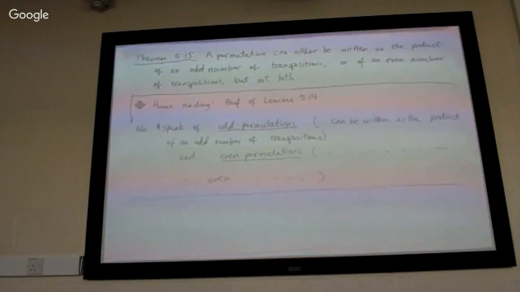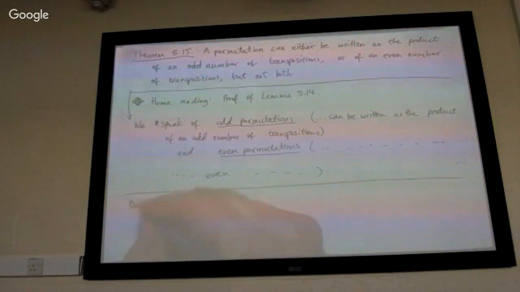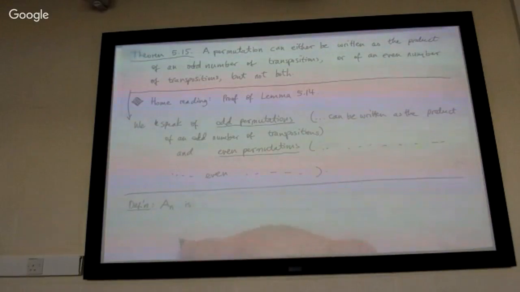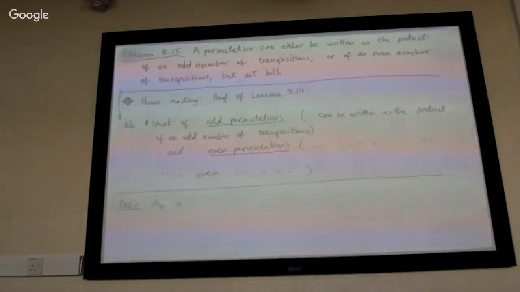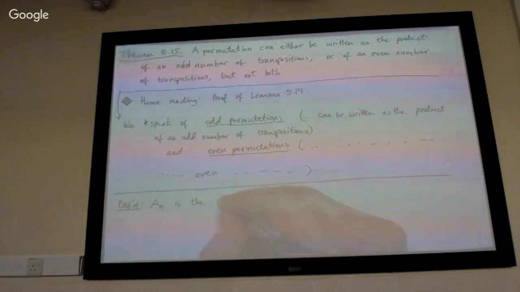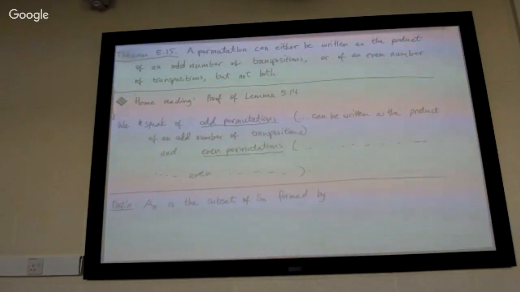And with this, we can have a definition. AN is the subset of Sn formed by what permutations?